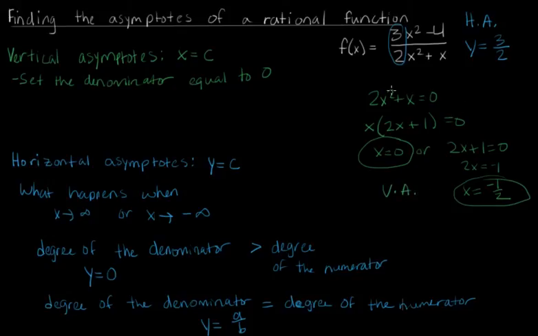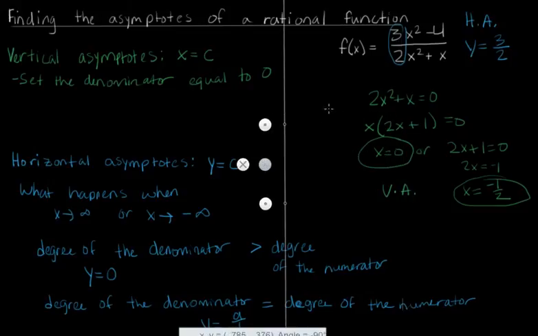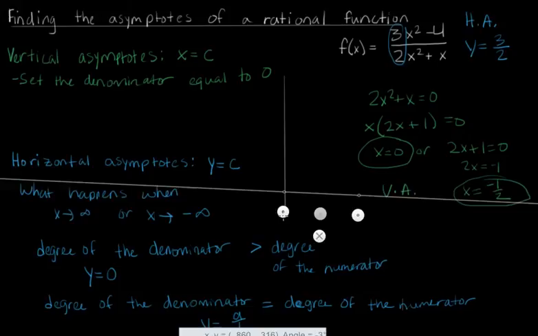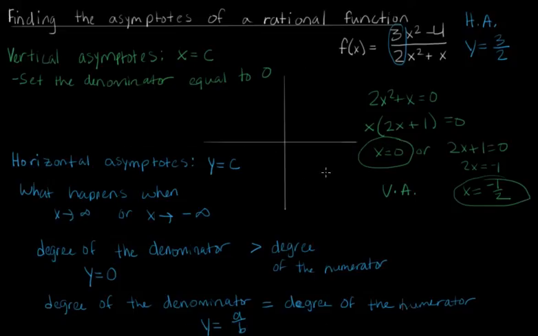And so when we graph it, it's going to have two vertical asymptotes and one horizontal asymptote. It can only have one horizontal asymptote. So let's just do this really quick. When we graph it, we would be drawing vertical asymptotes at 0, and then also at -0.5.